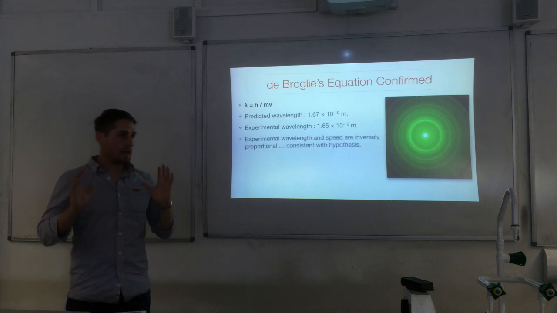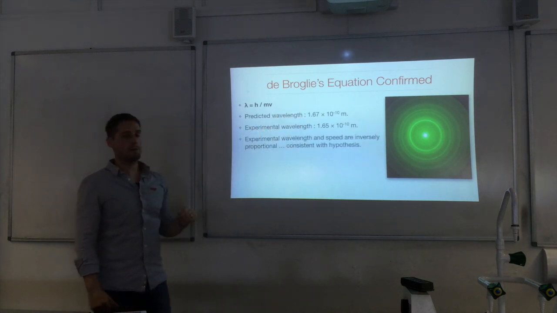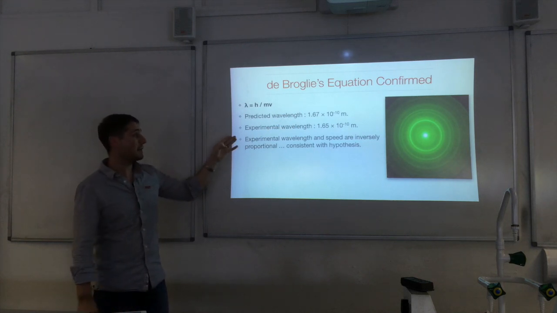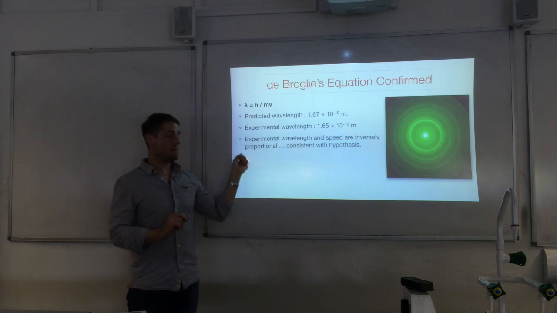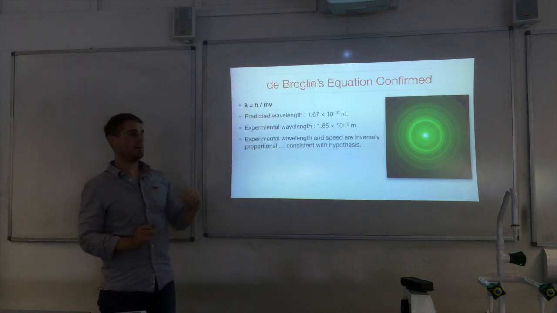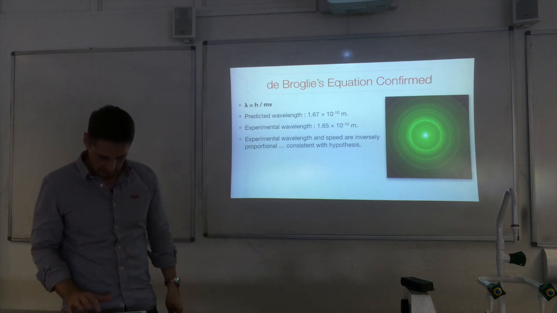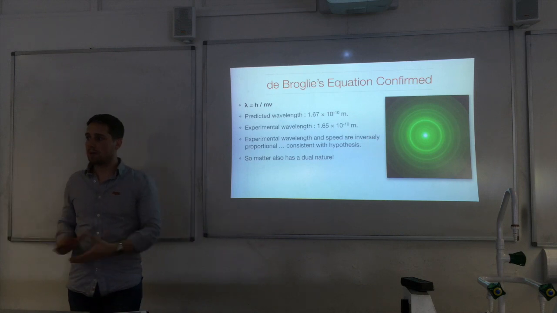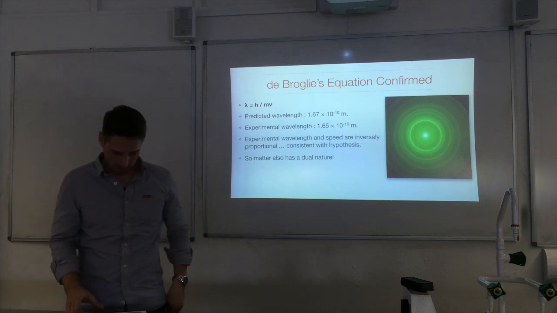So yes, this is confirmed. The data is confirming the hypothesis. And also, the experimental wavelength and speed are inversely proportional, which also corresponds with the hypothesis. So it's all consistent, it all works. So matter has a dual nature, just like electromagnetic radiation does.